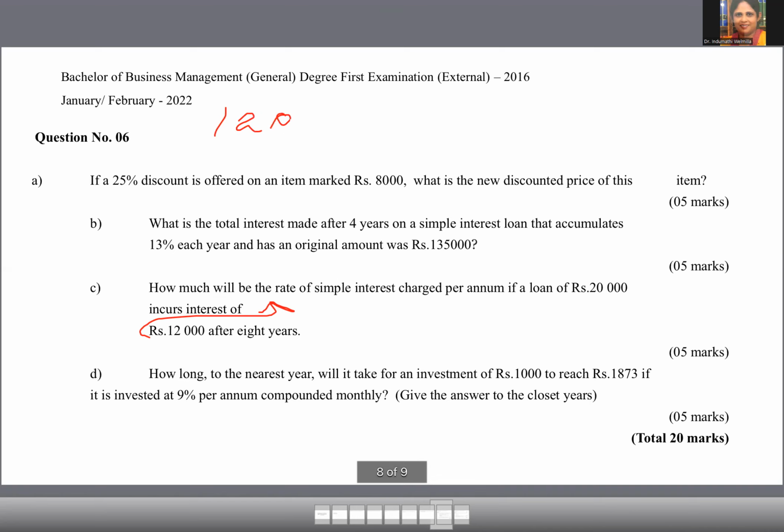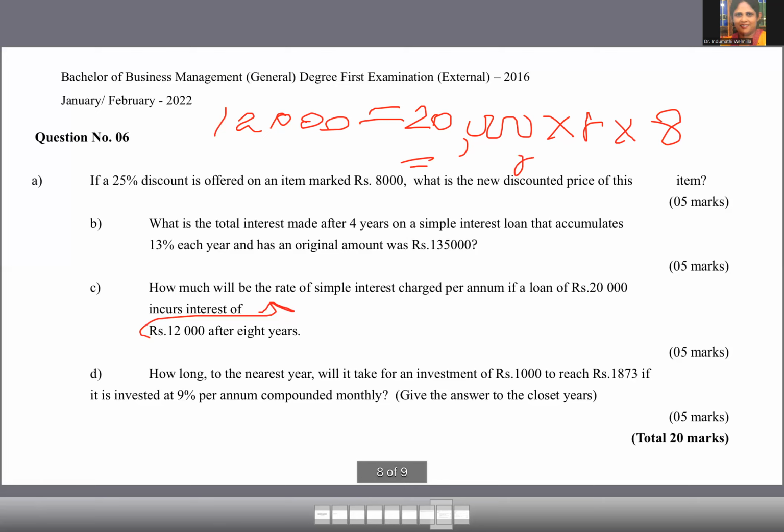So then we can do that one. Interest 12,000 equals principal, what is our principal amount? 20,000, the loan amount, multiplied by R and the time period of 8 years, right? So very easily you can do that one.